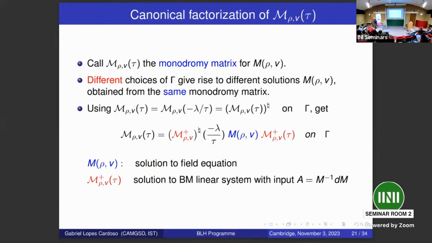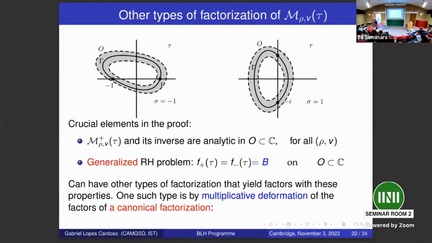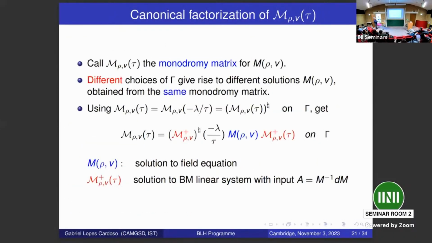It means that the matrix M defined on the curve gamma, the one that you canonically factorized, if there's a canonical factorization, can be written in this manner. And this is beautiful because in one shot, you see that there is the matrix M of rho v here that solves the equation of motion, and this one here solves the associated Lax pair.